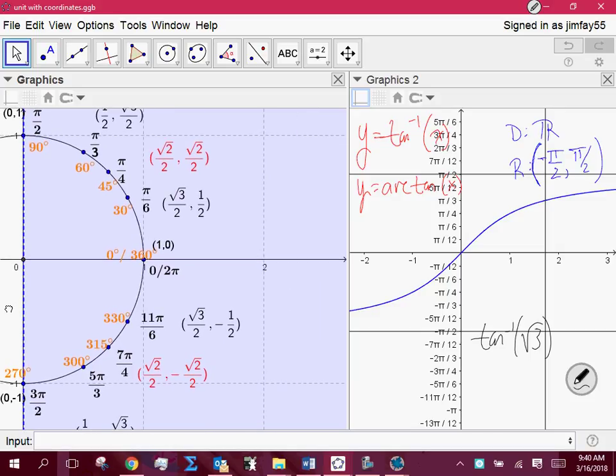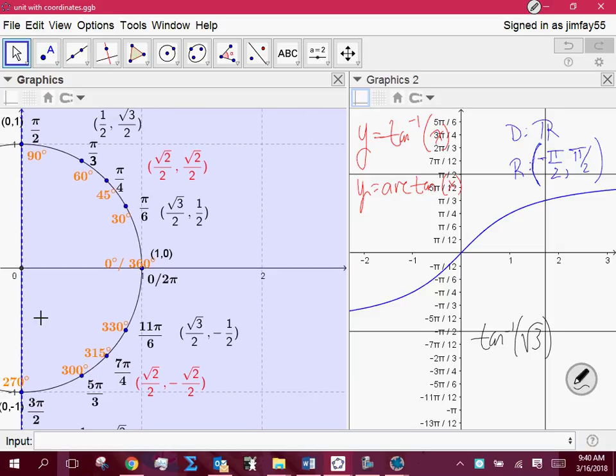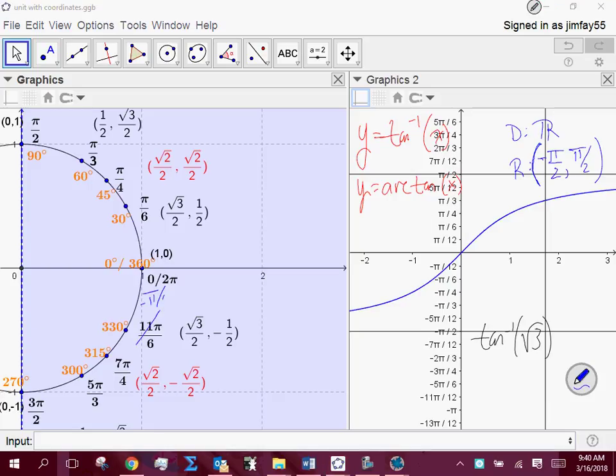Okay, but now when I look at this, and again, because it's negative pi over 2 to pi over 2, we would want this to be written as negative pi over 6, negative pi over 4, negative pi over 3, negative pi over 2.